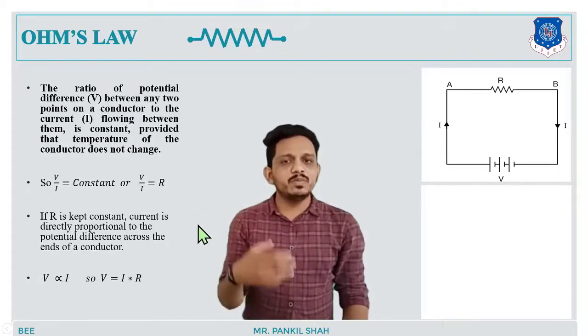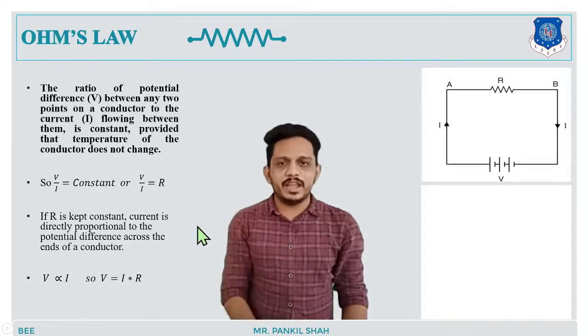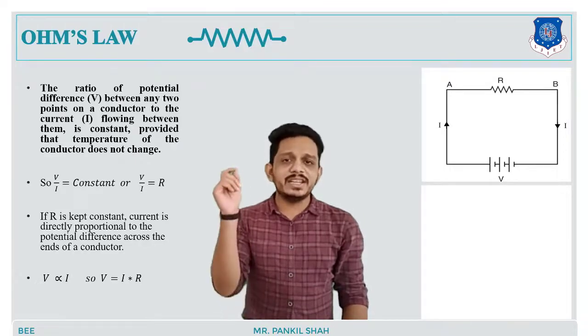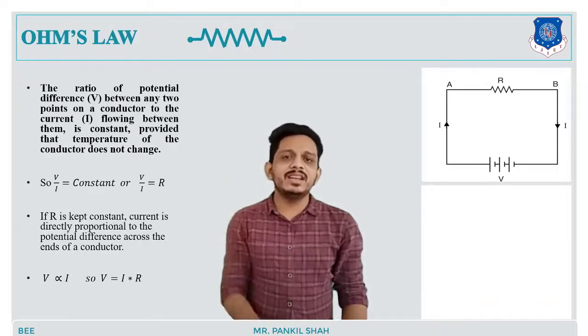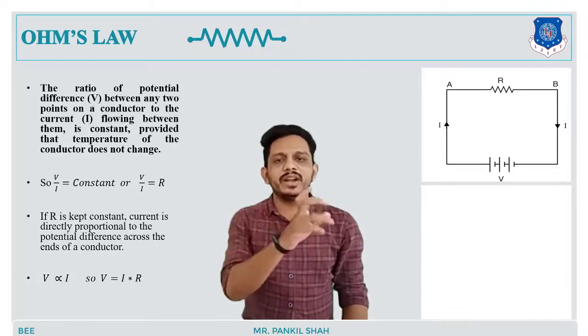Let's define Ohm's law in another way. If R is constant in a circuit, then the voltage applied across a conductor is directly proportional to the current flowing through that conductor.